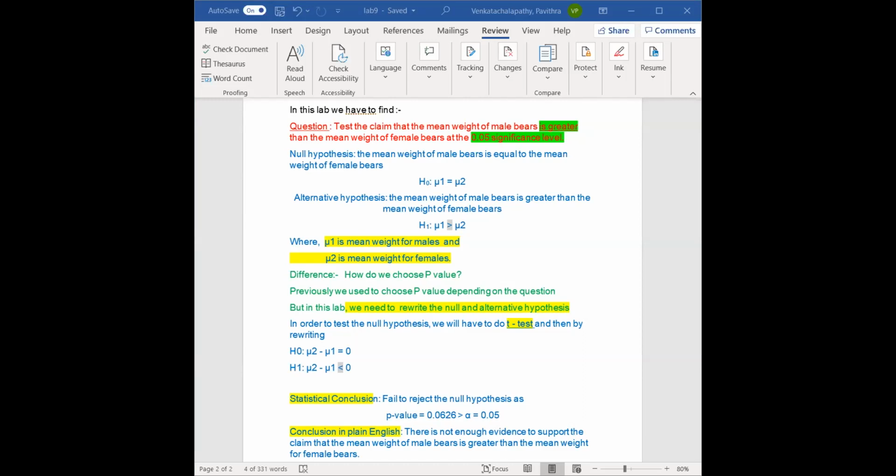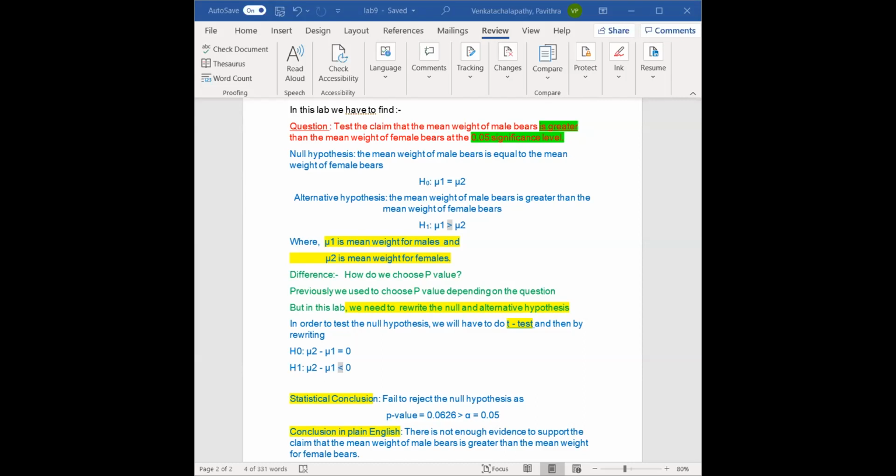For female bears, I will have to check because the n value is less than 30. Just omit these 2 data points and check all the other points. All the other points are very close to the line, so I can easily conclude that even the female bears are normally distributed.